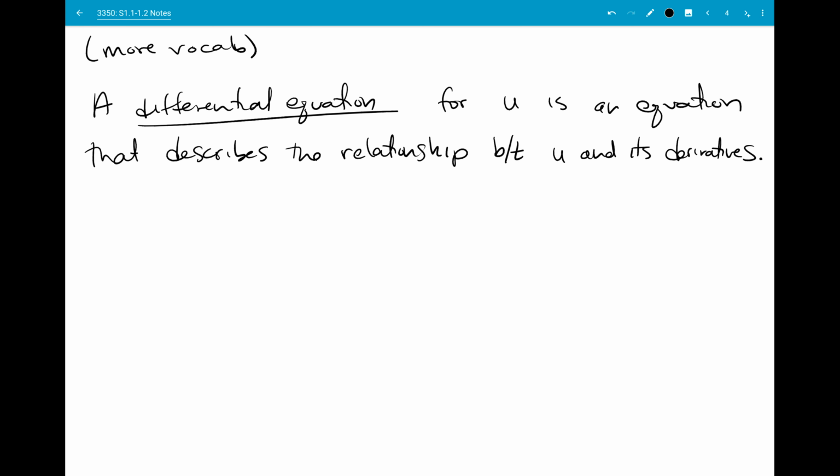And you could wonder a little bit later about why we would care about this type of equation, but for now, that's just how we're going to think about these things.